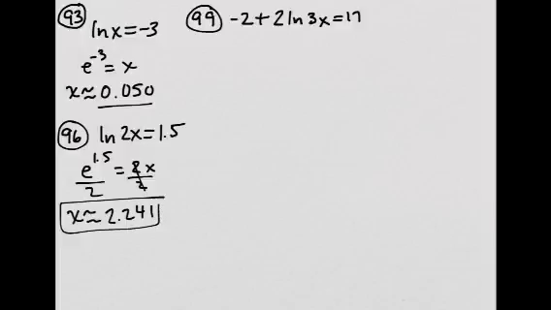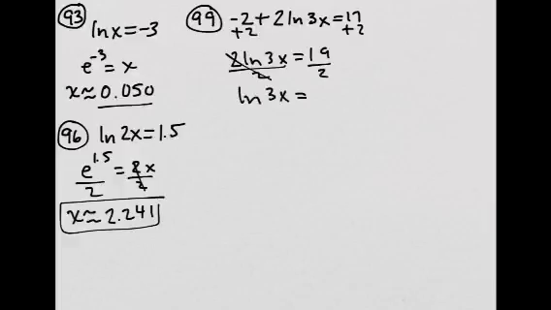So this one I'm going to add 2 to both sides first, because you want to isolate this part. So I get 2 natural log 3x equals 19. Then I divide by 2. So natural log of 3x equals 19 halves, or you could put 9.5.